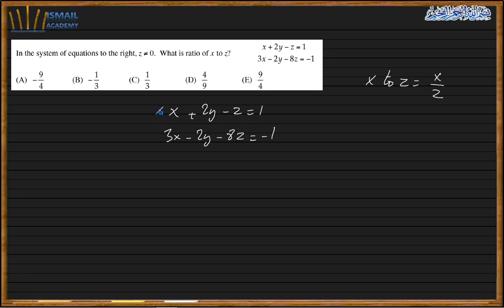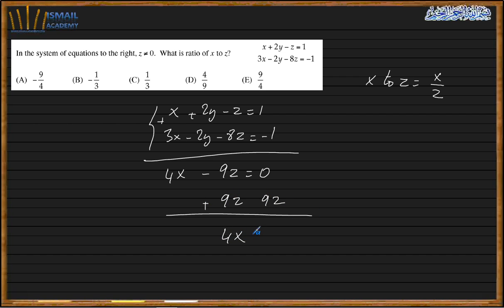So what I do here, I try to eliminate the y. Here we have plus and this is minus, the coefficients are the same, so I add. Here it's going to give me 4x, this cancels out, here it's going to give me minus 9z, and 1 minus 1 becomes 0. Then I add 9z to both sides.